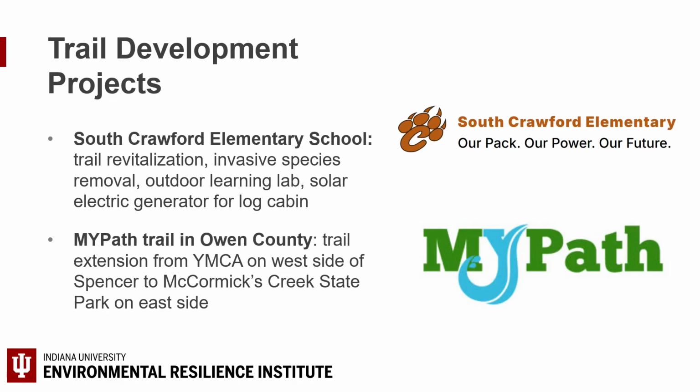So those are two that we've been working on the past few months, both to revitalize old trails and develop new trails that will improve walkability, give kids access to some natural space. And then there's a historic log cabin that we're trying to get solar electric generators for at South Crawford. So we like to do a lot of different projects at ERI, and I think this is a great example of how we can collaborate and get trees involved, get natural spaces involved in our work if you guys are interested in collaborating.